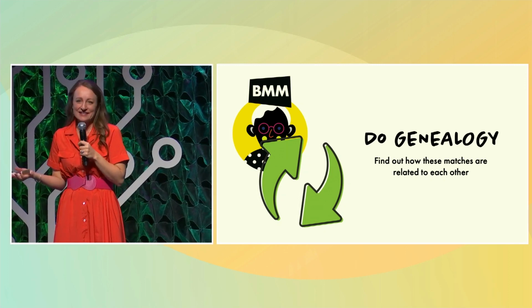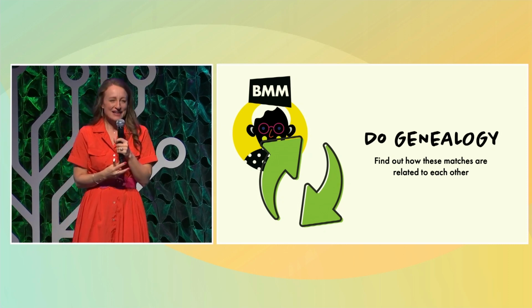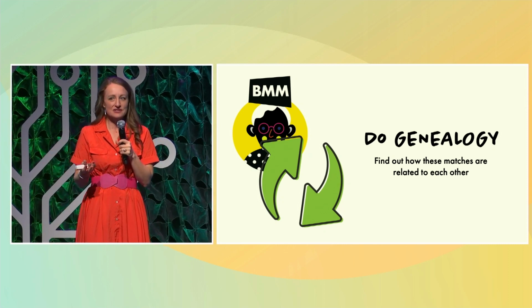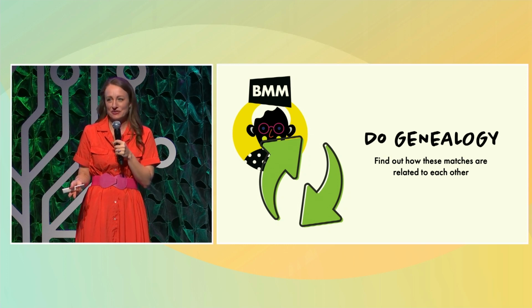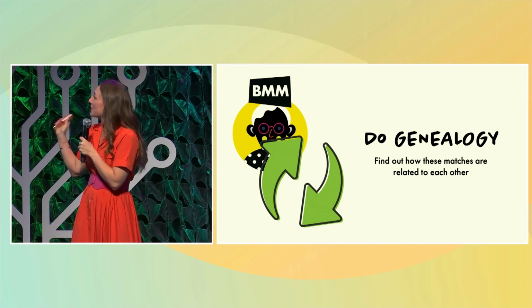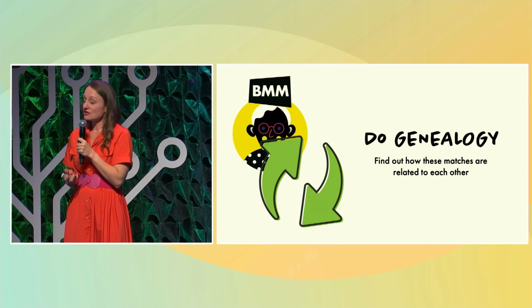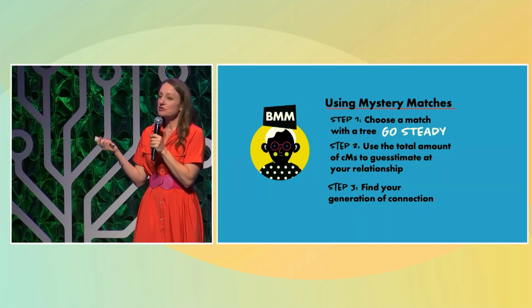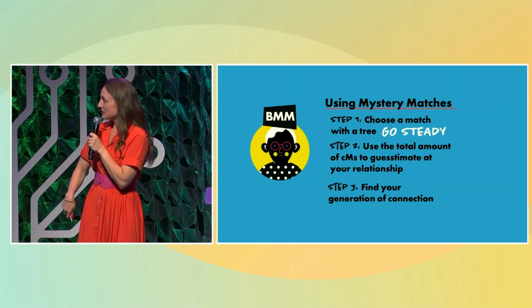It's fun again. So do it just for fun, because they just haven't tried, because they don't know and they're not interested, but it's actually a lot of times really easy to build their trees. You just find records left and right, and it feels really nice. So you're doing a lot of genealogy for other people, other DNA matches. Okay? So that's what you do with all of those mystery matches.